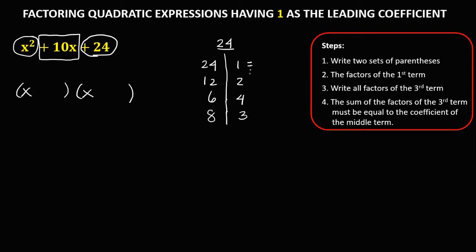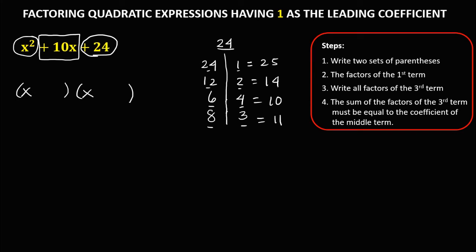Then add all the factors. So 24 plus 1 is 25. 12 plus 2 is 14. 6 plus 4 is 10. 8 plus 3 is 11.